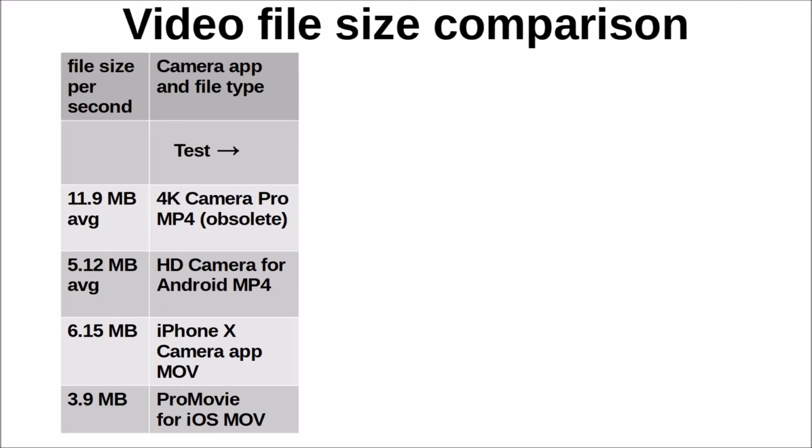If you make it a higher rate, it becomes a bigger file, but you see more detail in the video. If it's a lower rate like Pro Movie, then obviously you can shoot a lot more video with a finite amount of storage on your phone. But on the other hand, a lot more of the detail is discarded.